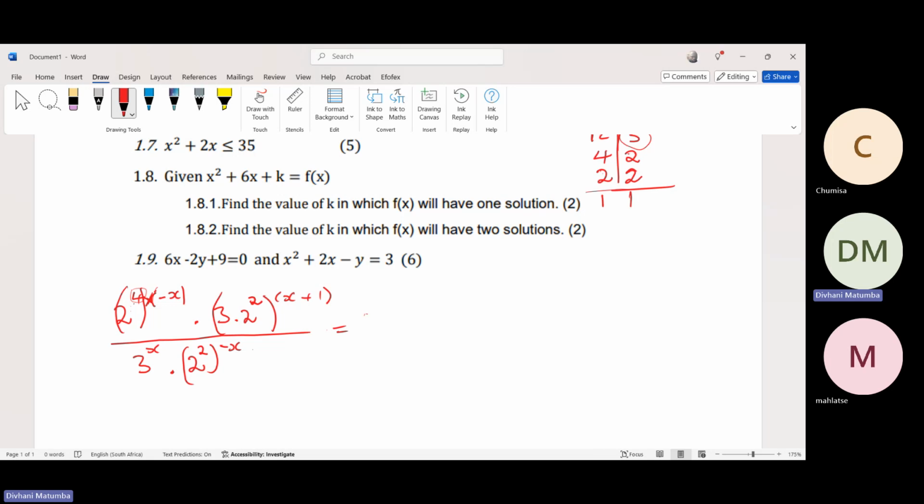It's going to be 4 times minus x, because if you go back to the laws of exponents, you are allowed to multiply these two exponents.